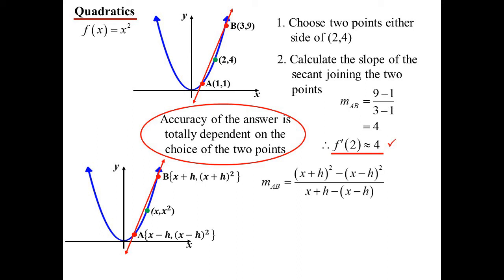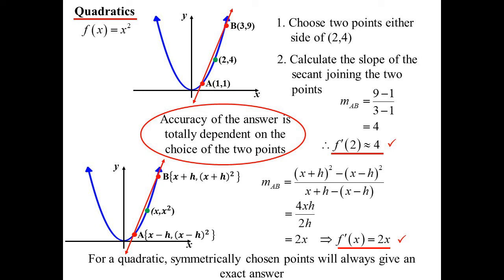So the slope would be (x plus h) squared minus (x minus h) squared over (x plus h) minus (x minus h), and it turns out to be 2x. And that is in fact the gradient function for x squared, 2x. So it gets it exact. But again, it depended on me picking those symmetrically. So with a quadratic, if you always choose symmetrically, you'll get an exact answer.